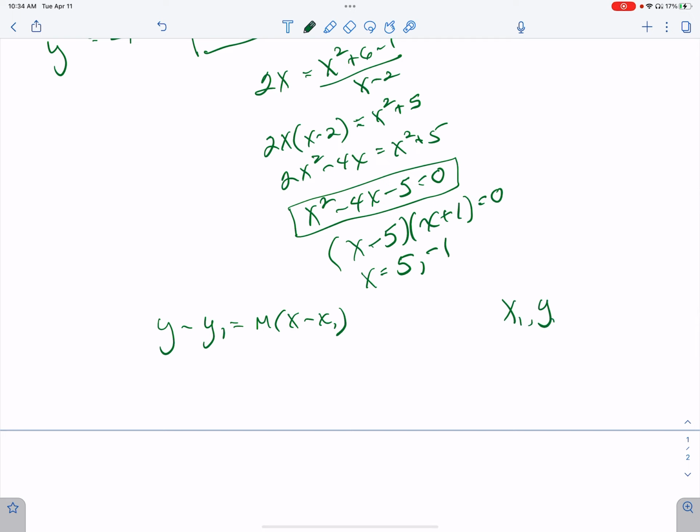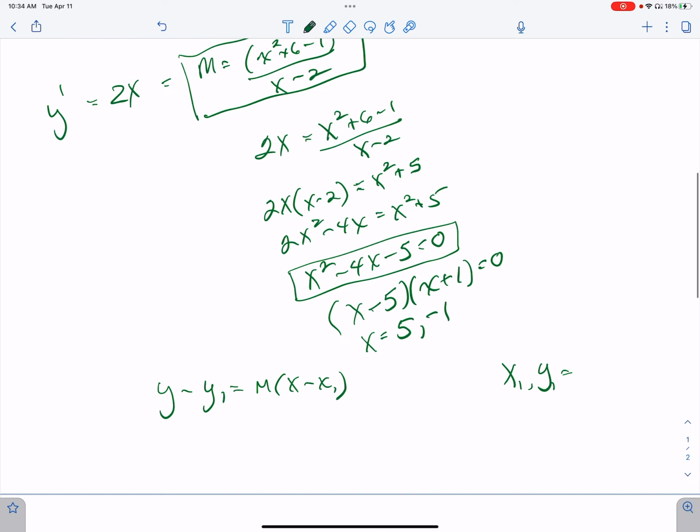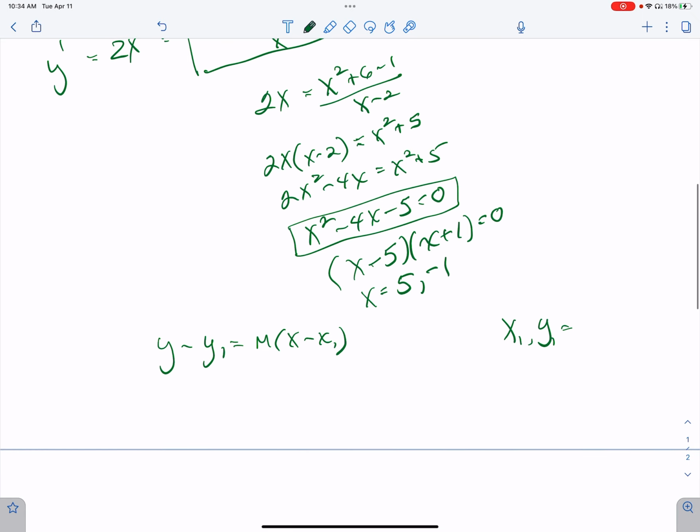We need x1, y1, and I'm going to use the point of tangency, which is (5, 31). Well, what's the slope? We know the general form of the slope is 2x, and that means the derivative, or the slope, is going to be 10. So therefore, just plug and chug now.